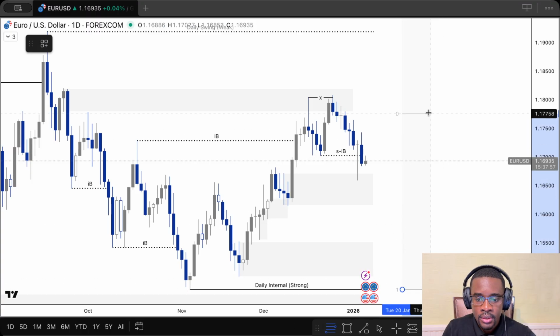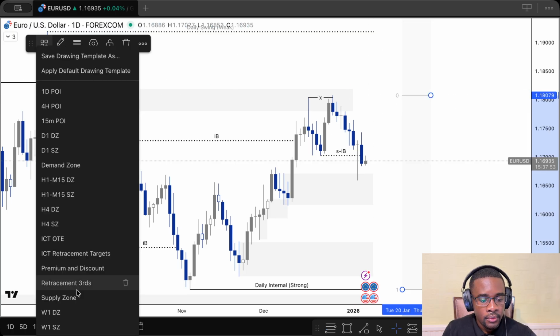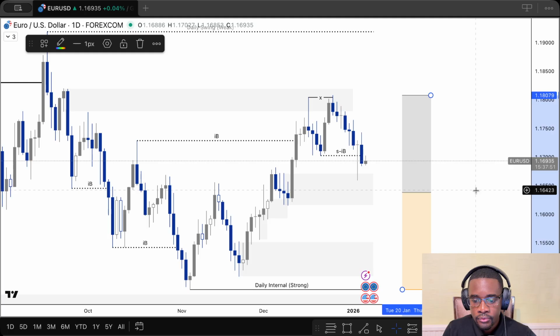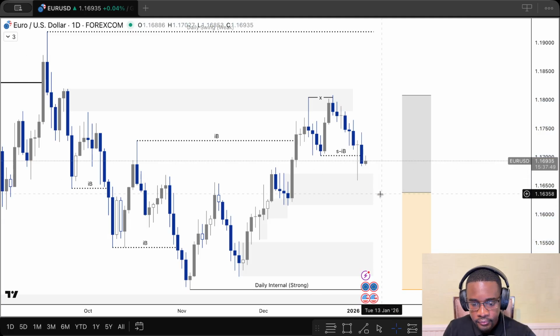What that means is, when we reacted, we had not yet reached 50% or the equilibrium or into discount.